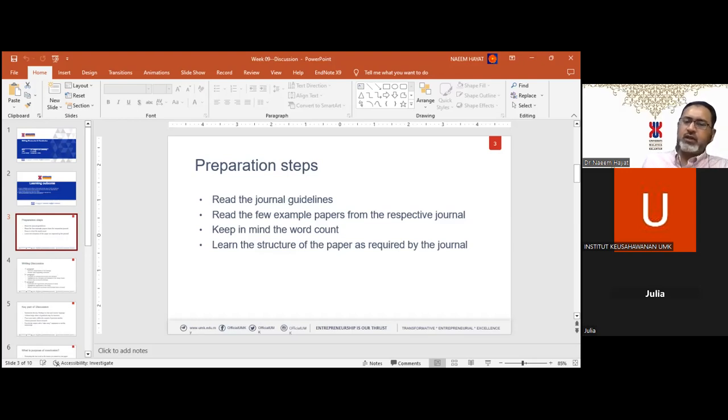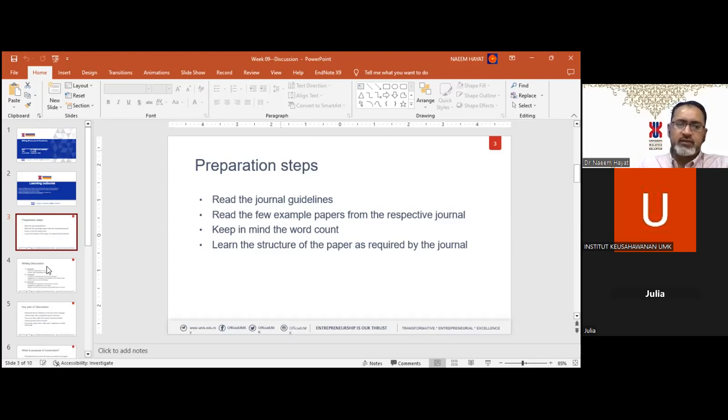There is also a difference in how the discussion section is structured. Every journal has a different requirement. We are just talking about a rule of thumb here, but I advise that you always go to the journal guideline so that you have the exact understanding of what is required.